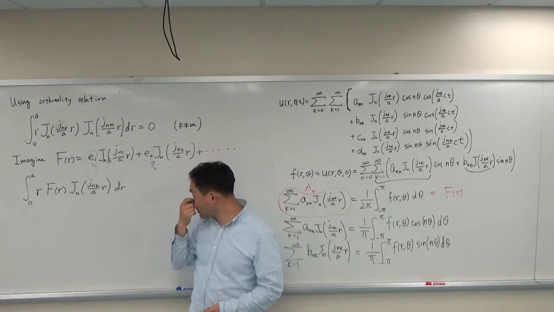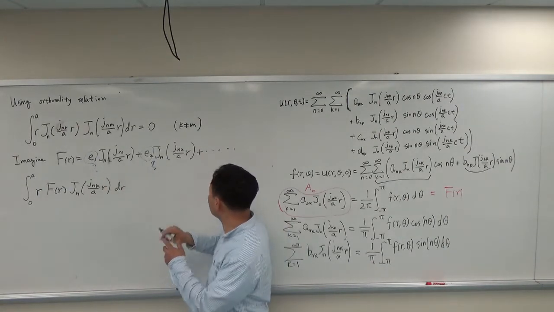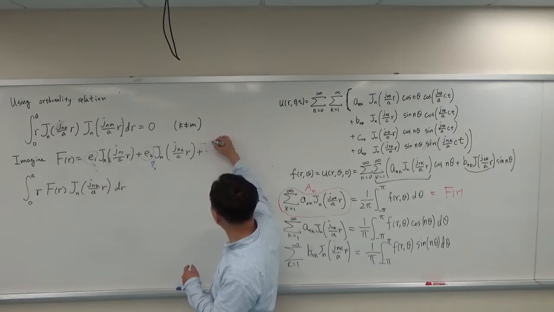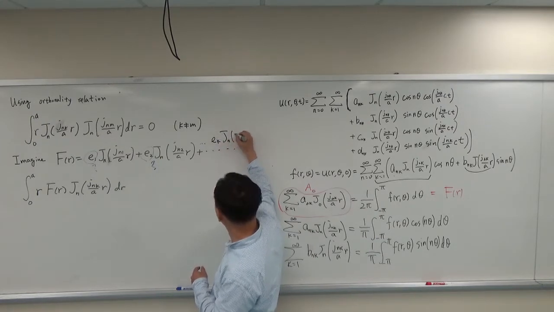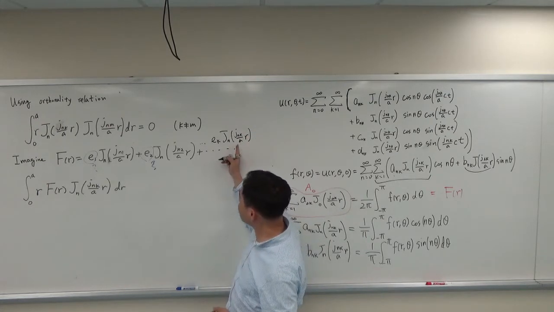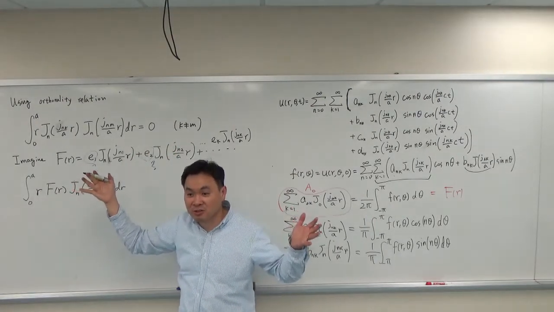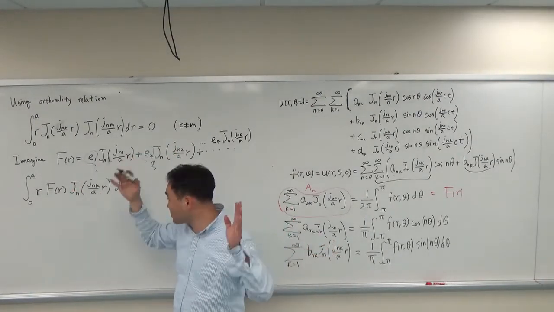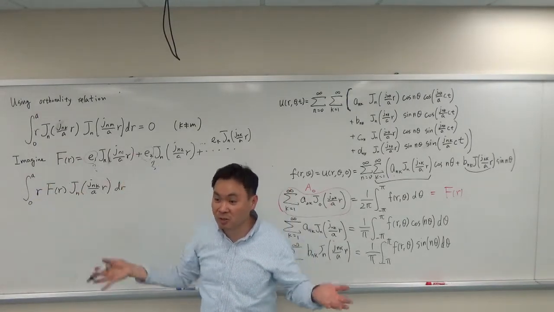So what's going to happen is that at some place you're going to have Ek J_N of k over a r, right? And when this gets multiplied by this, that's a square. Square functions are never 0, never negative. It's always positive. r is positive from 0 to a, so when you integrate, you're going to get a positive value.